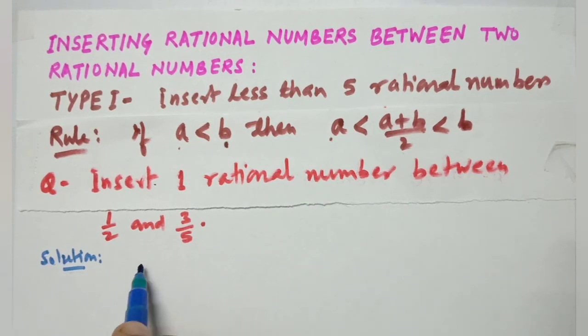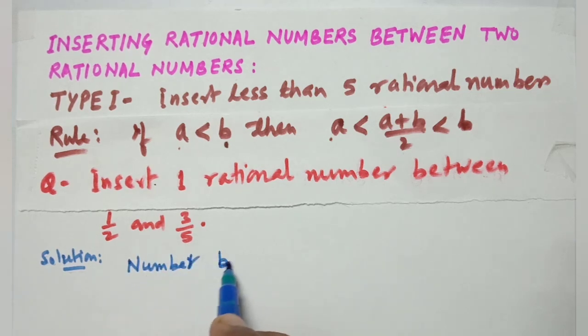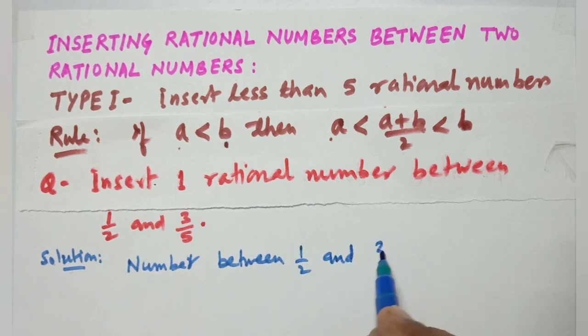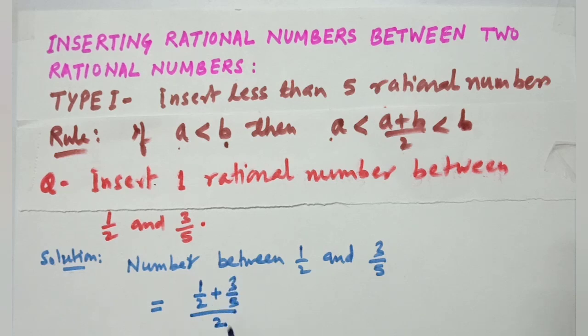So the number between 1 by 2 and 3 by 5 is equal to: add these two and divide by 2. If you add these two, you have to take the LCM of the denominators. 2 and 5 LCM is 10. To make this 10, we multiply by 5, so multiply the numerator by 5, plus to make this 10, we multiply by 2, so multiply the numerator by 2.